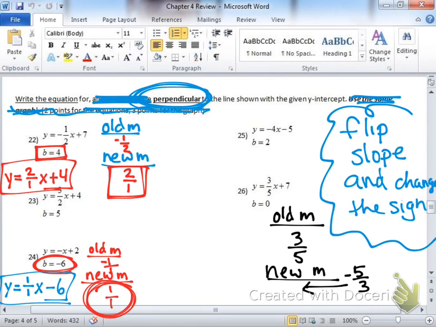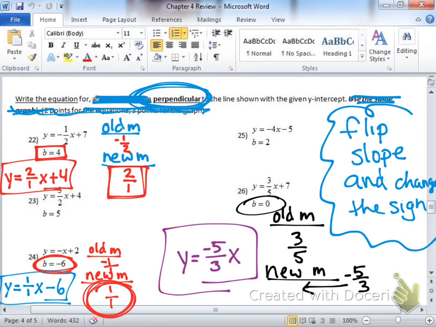Goes down here, sorry, kind of ran out of space. And then B is 0. So my equation for this one would be y equals -5/3x plus 0. You don't need to write plus 0. That's one I usually don't write. I feel like it's just a waste of your ink.